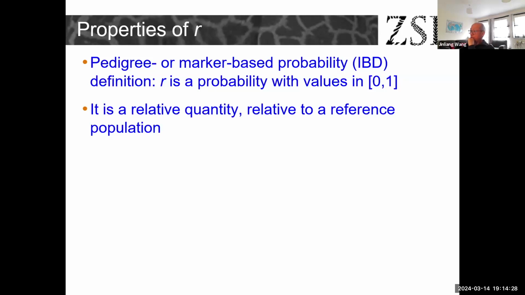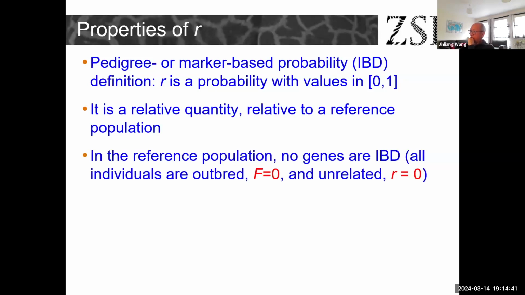But the reference population here, in both theory and in applications, is quite weak, as I will show you later on. Or I would say it is arbitrary. Anyway, at least in theory, in the reference population, we assume genes are non-IBD, and so all individuals are outbred, inbreeding coefficient equals 0, and unrelated.